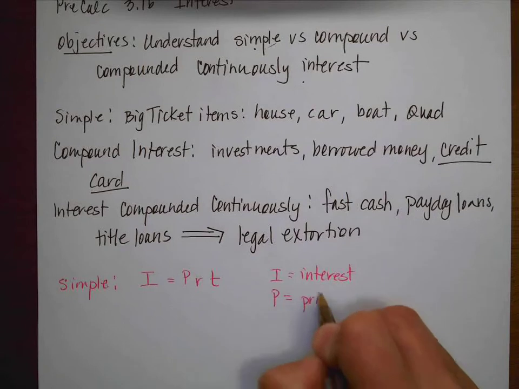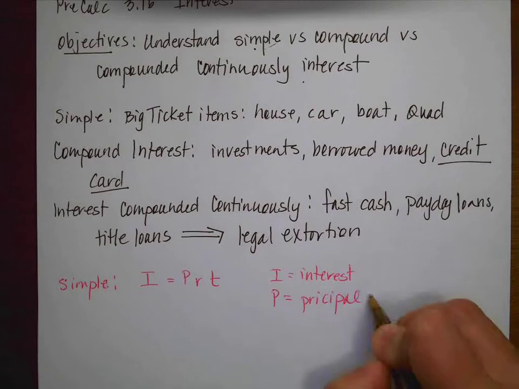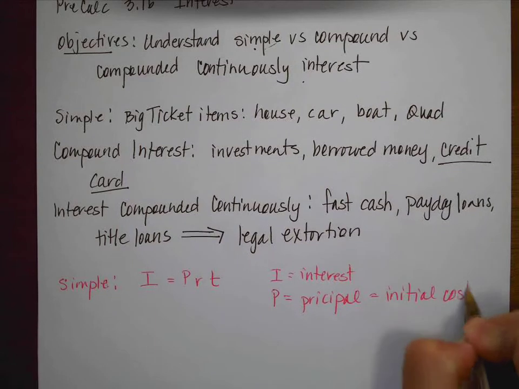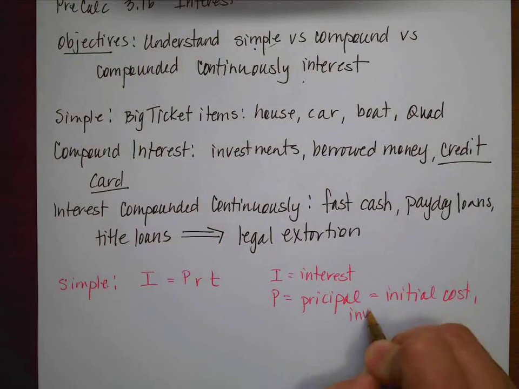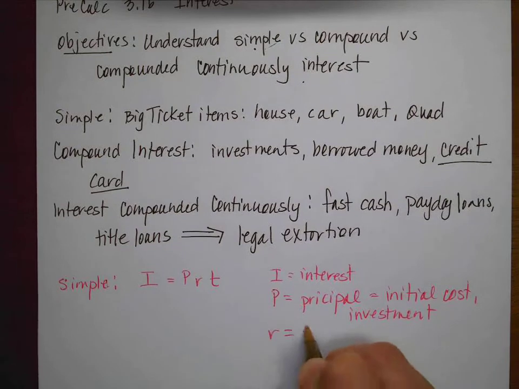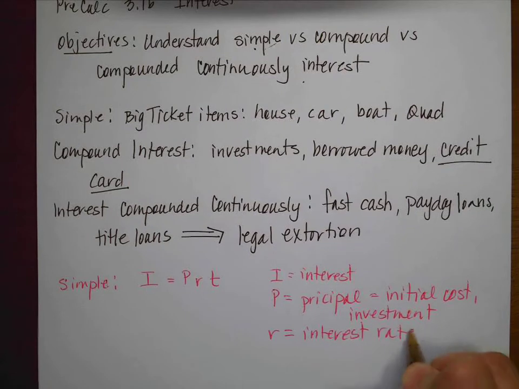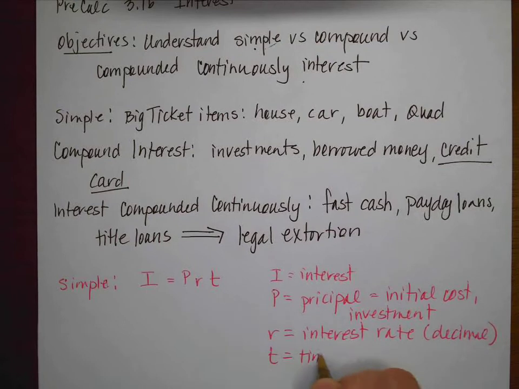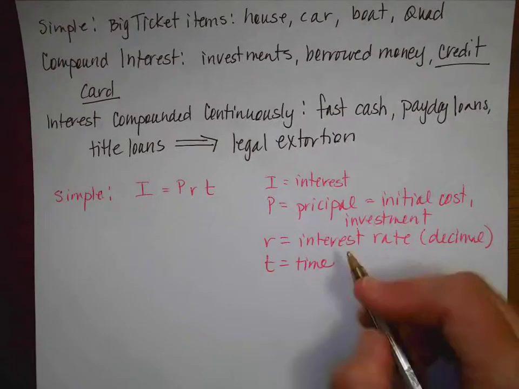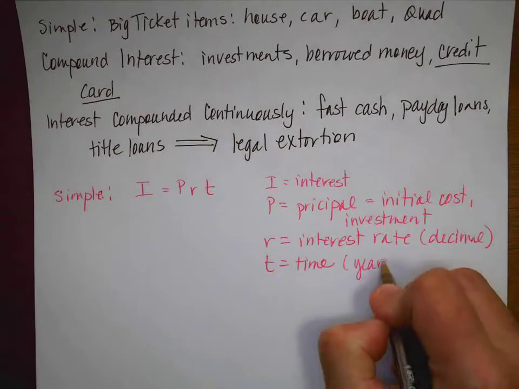P is the principal, and that is the initial cost or the initial investment. R is going to be the interest rate, and when we do that, it's always going to be in decimal form. And then T is equal to time. The default for simple interest is that it's going to be for years.